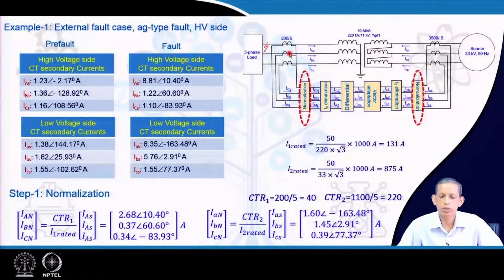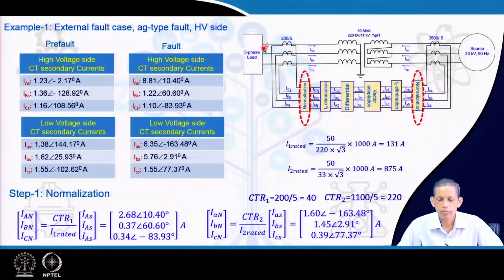Then the corresponding steps are to be accomplished from the CT secondary, which will be processed by the numerical relay platform. A 3-phase load is connected, which is being fed from this source through this transformer.